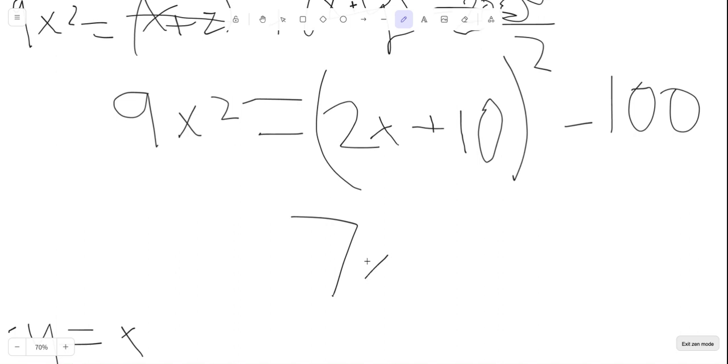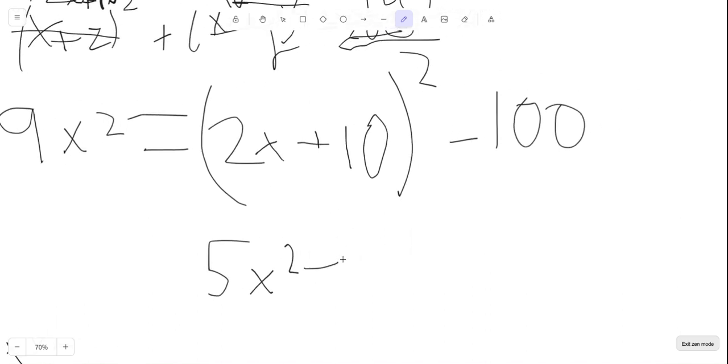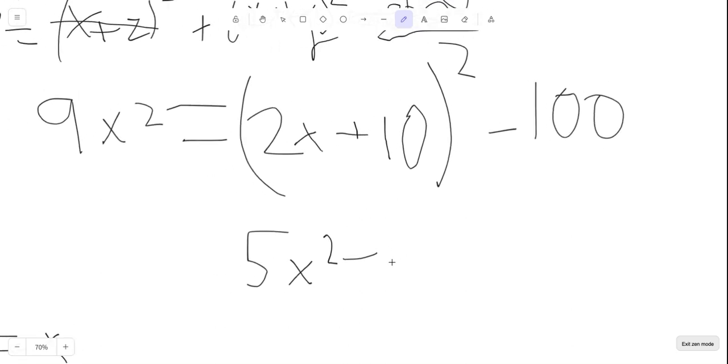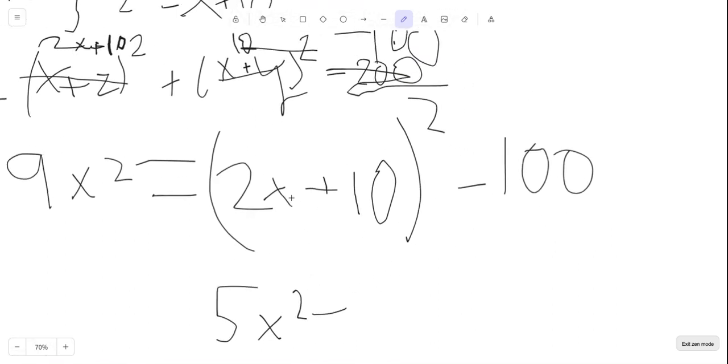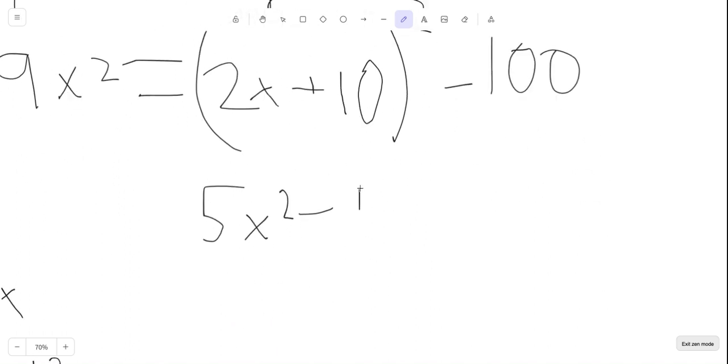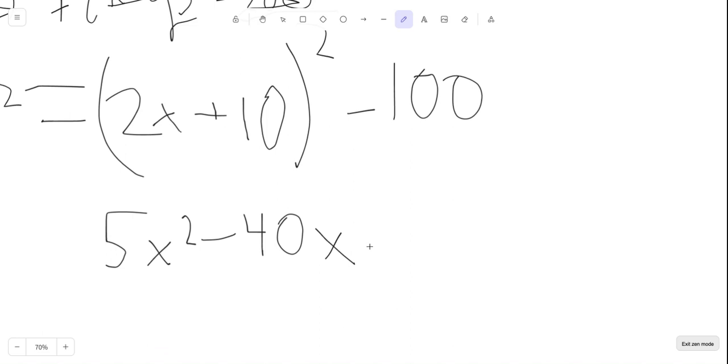So expanding, we get 5x squared minus 5x squared minus, well, you have 2 times 40x, and then this expands to 100 minus 100.